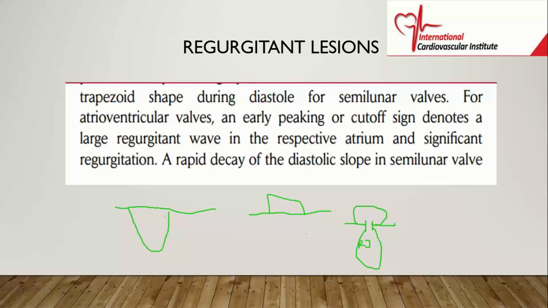We usually say if the shape is triangular, it suggests severity. And then a rapid decay of the diastolic slope. So if we look at the AI or the PI, and it's very steep, this is very steep, then it's also a suggestion of severity.